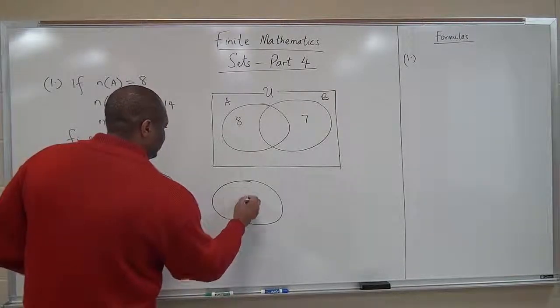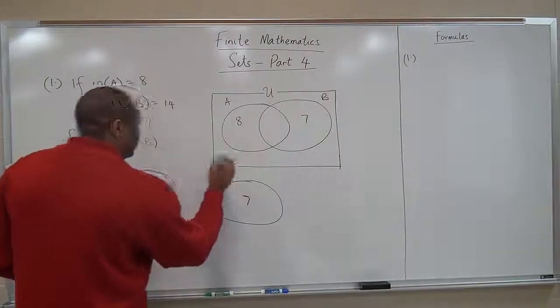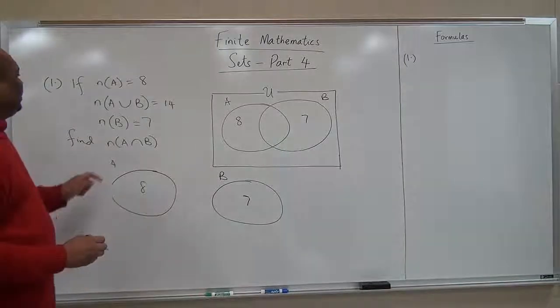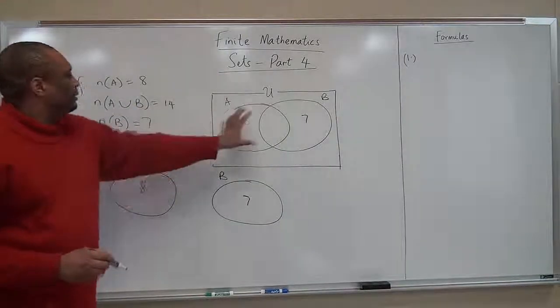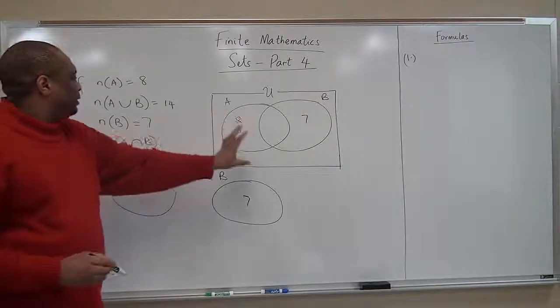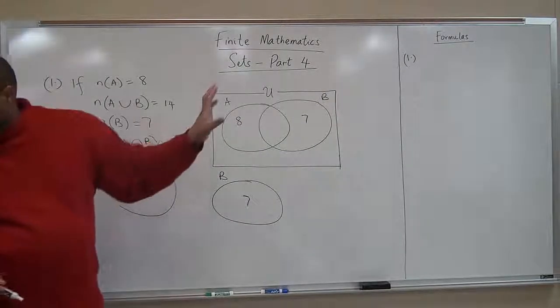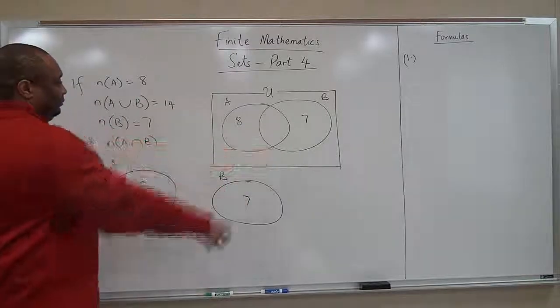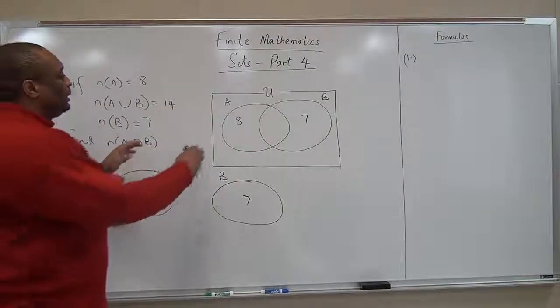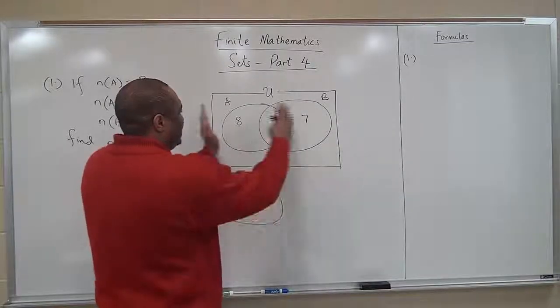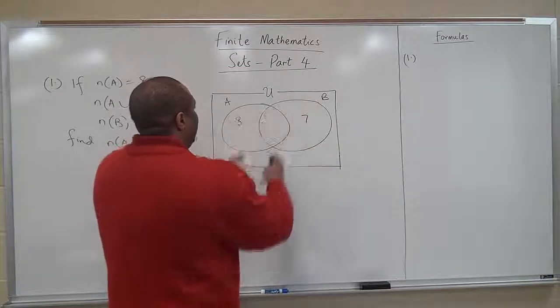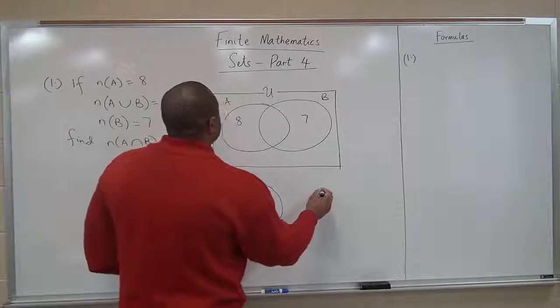Then cardinality of A union B is 14. So this means everybody here is 14.